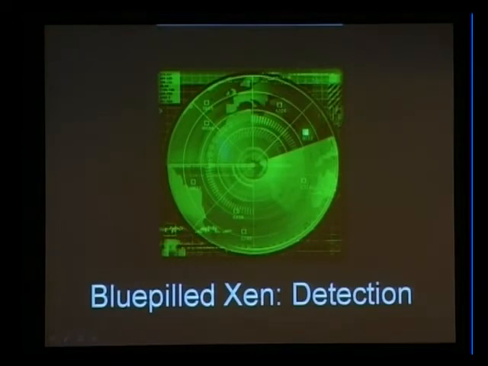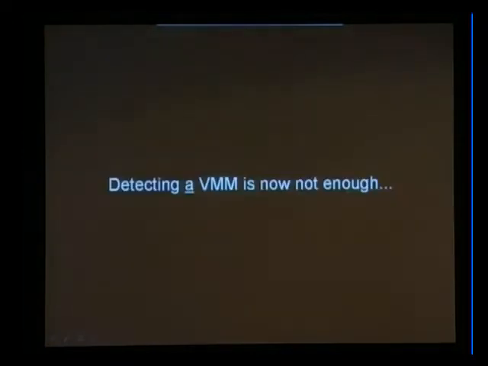Obviously we cannot use detection for any VMM running, because of course we have a virtual machine manager running, and it is the Xen manager. But the question is, how can we detect that this Xen hypervisor is not the primary hypervisor anymore, and we have some malicious hypervisor above it?